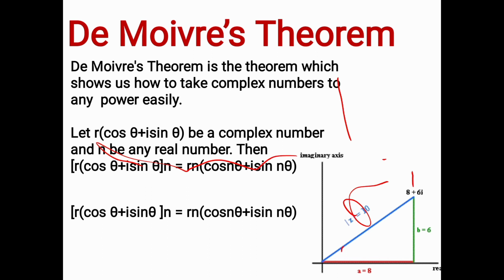This is the angle theta, equal to y by x, y's value 6, x's value 8. Theta can be calculated, and this equation can finally be developed if it is to the power 3 or 4 and so on.